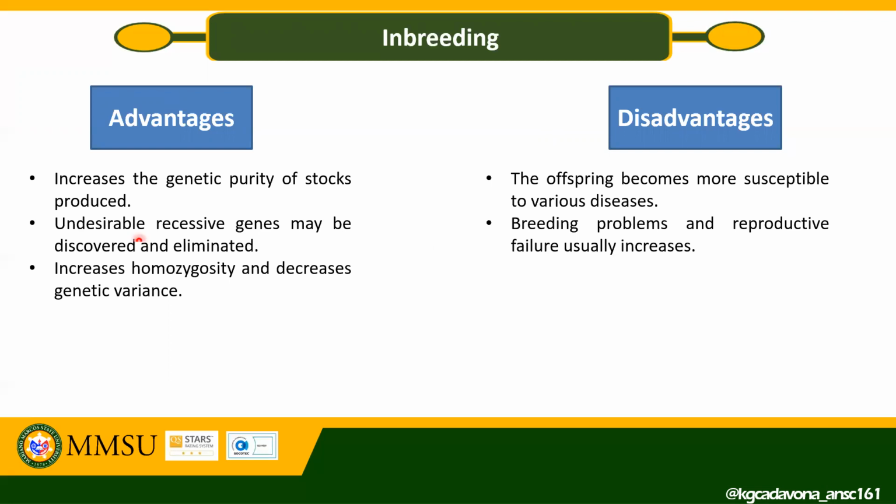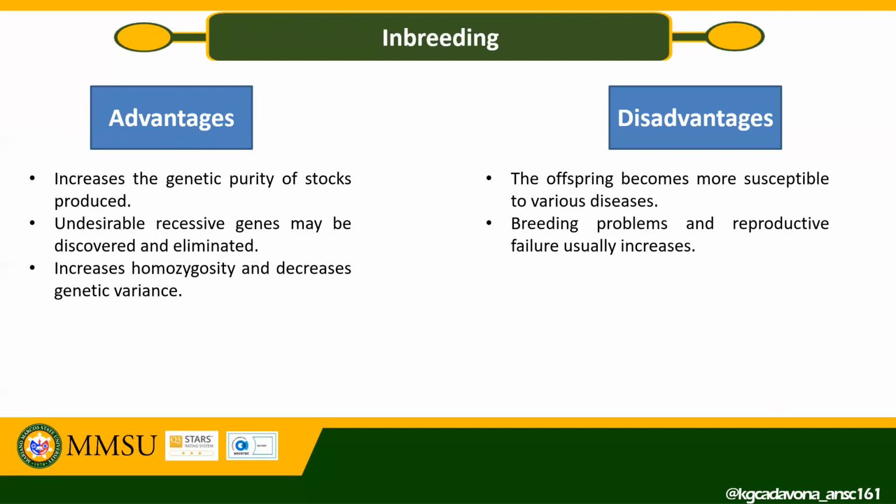Because of repetitions in mating those inbred animals, undesirable recessive genes may be discovered and eliminated. So it is an advantage because, as there is repetition in mating, you can see good traits that you can retain, as well as eliminate those that are undesirable.